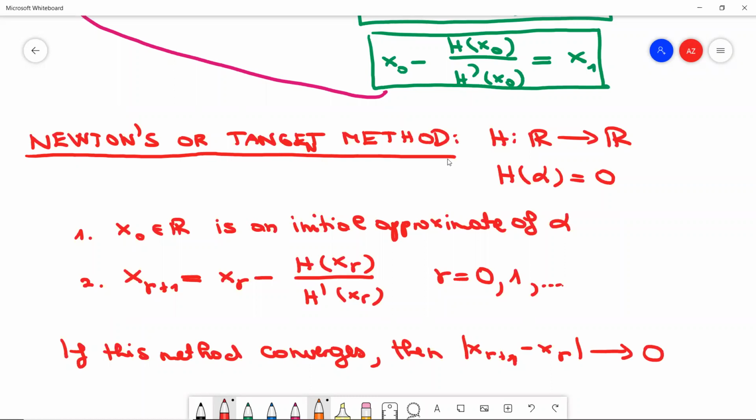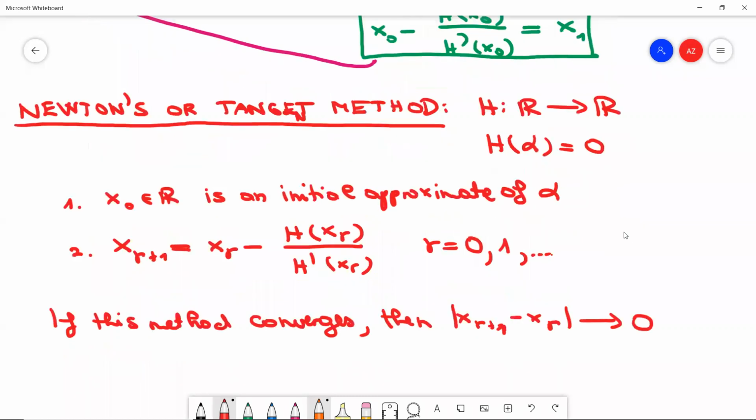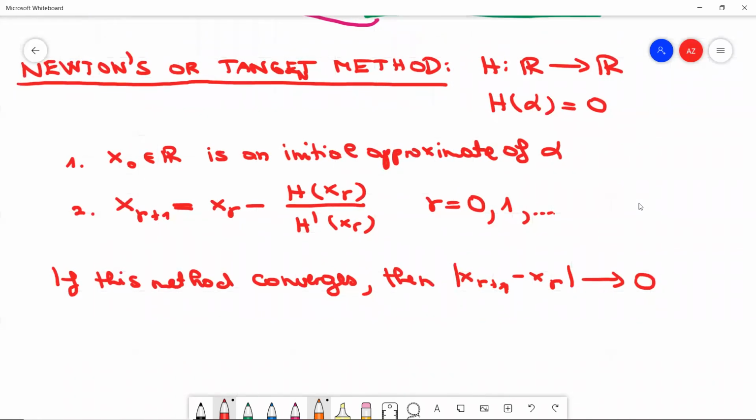But since we don't know the true value of the solution, it could be very small. It's not good to take x r plus 1 minus x r being small enough as the stopping criterion, it's better to calculate the relative difference between the last two iterates.